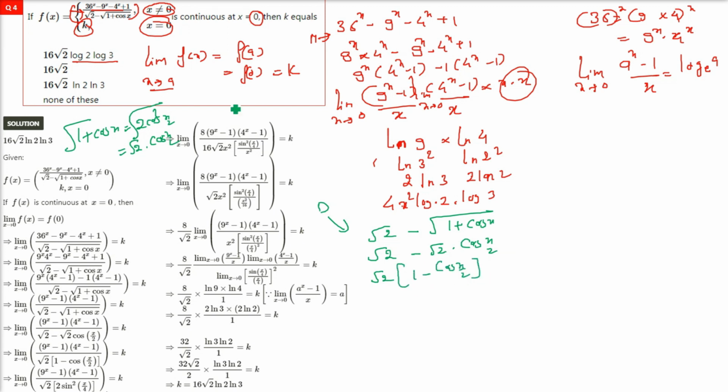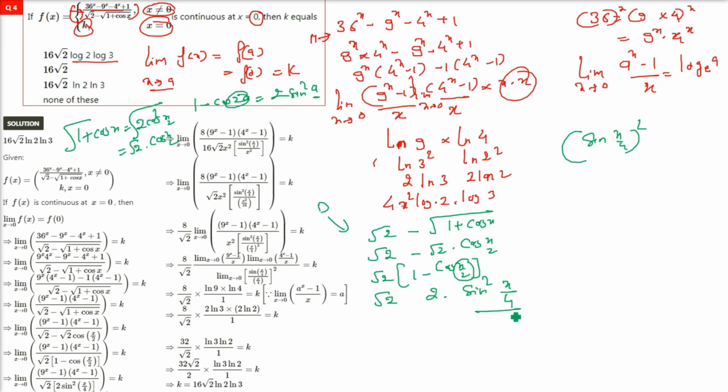1 minus cos 2 theta is 2 sin square theta. That is, wherever you have this theta, you can just make it half and keep it with sine. So 2 sine square, since it is already x by 2, we have to divide it by 2. So x by 2 by 2 is x by 4. So this is sine x by 4. You need to introduce sine x by 4 in the denominator also.